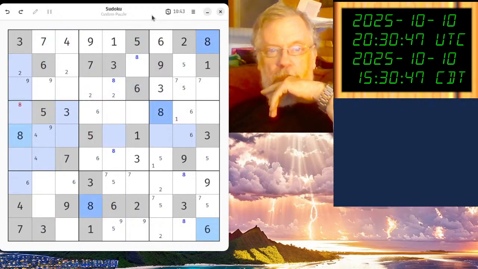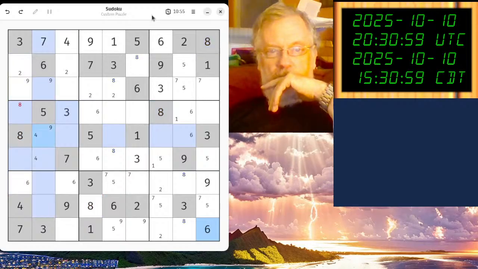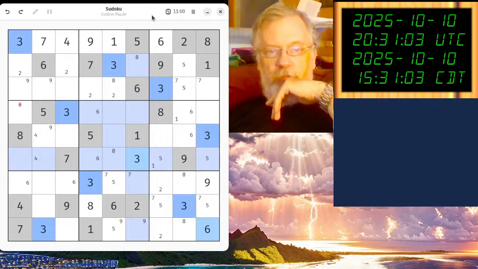8s. I've got 3 possibilities above, 3 below, and 2 below over there, plus, well, that's not going to be an 8 now, so that's an 8.